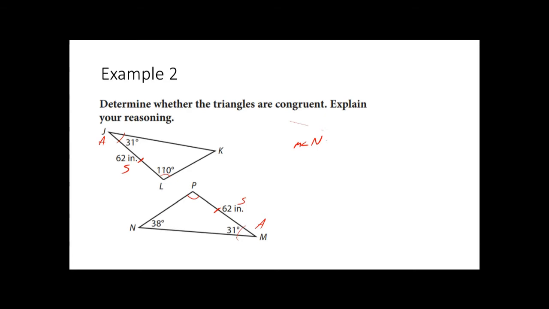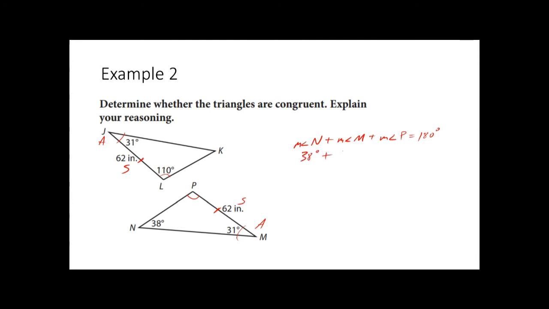All right, the measure for angle N plus the measure for angle M, plus the measure for angle P. There we go. So again, they add up to 180. The measurement for angle N is 38 degrees.